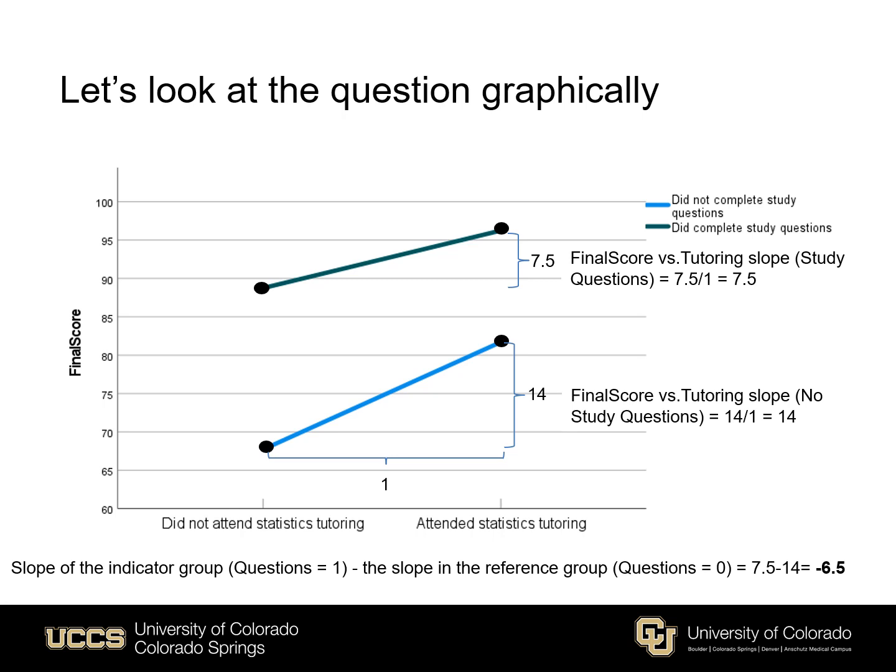And in fact, that is the graphical interpretation of an interaction effect: it is the difference between the two slopes. Specifically, that regression coefficient is the slope of the indicator group, in this case the questions equals 1 group, minus the slope in the reference group, or the questions equals 0 group. And again, that's negative 6.5 points.